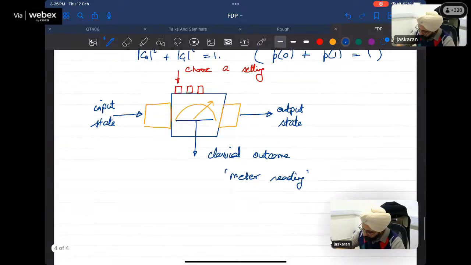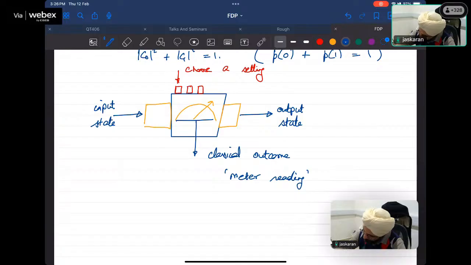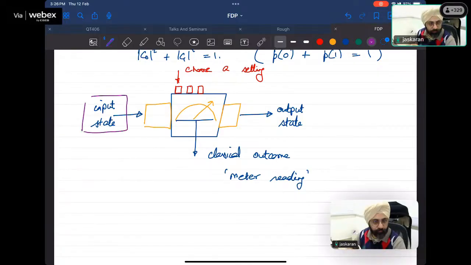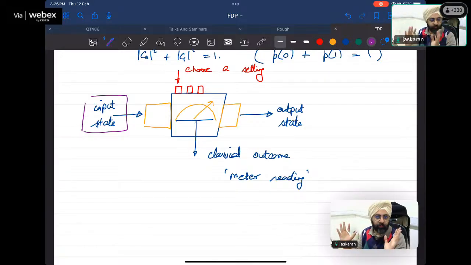So this is very important to understand. We have some input state, so let me just mark them. I have some input state which I will input to the black box, upon which I want to implement the quantum measurement that I have. Something happens in the black box. We are not conjecturing what is happening right now. We will do this in the later parts of the lectures, when we will try and open this black box. But for the moment we will not assume anything.